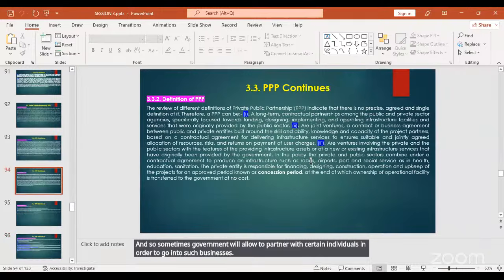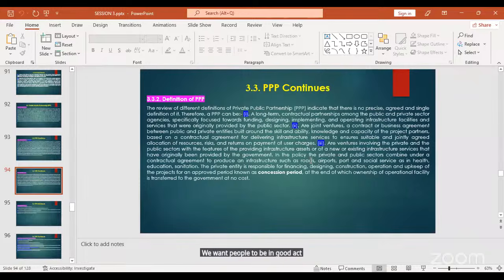We want people to be in very good health, for instance. It's people who are healthy that will be able to go and work and move the economy of Nigeria forward. And for people to be healthy, we need a good way of disposing our waste. Where there is no proper disposal of waste, the health implications can be very serious.